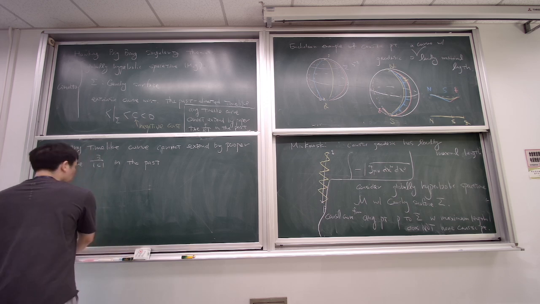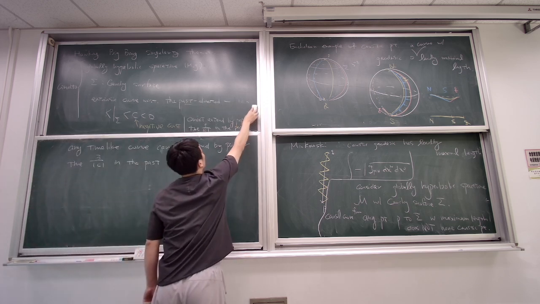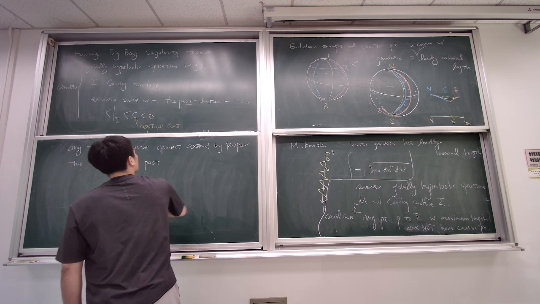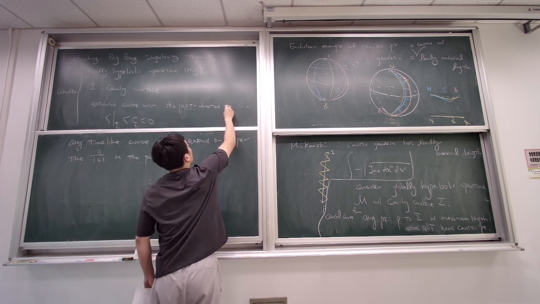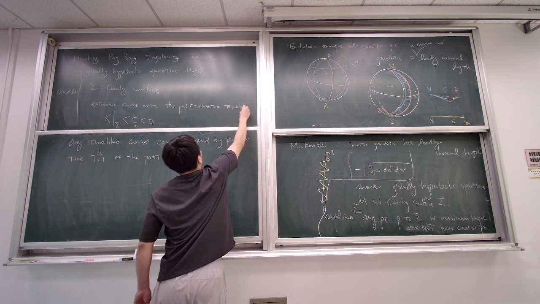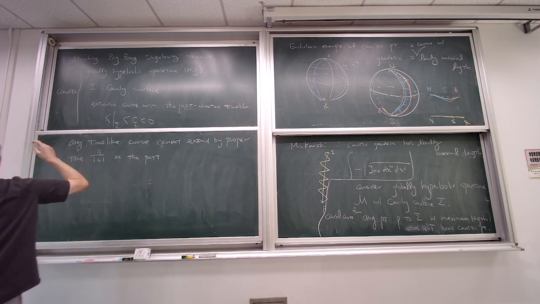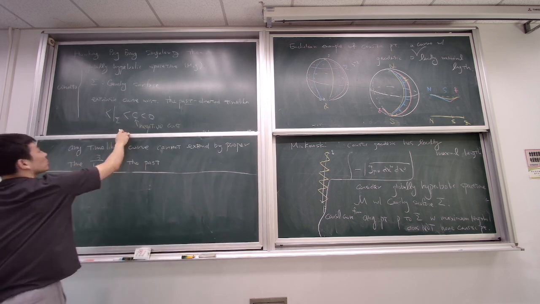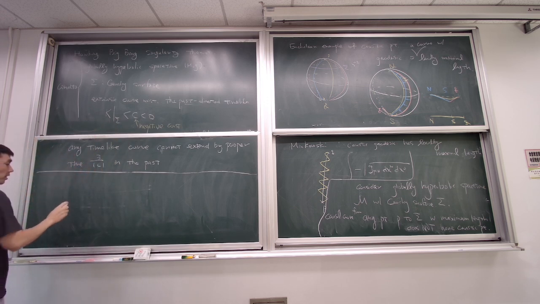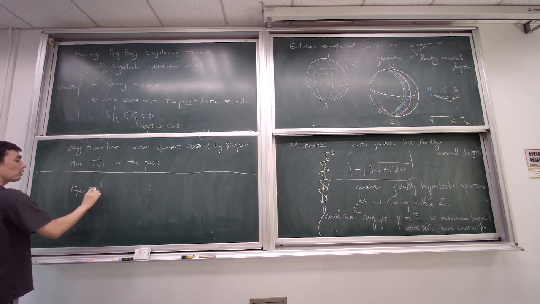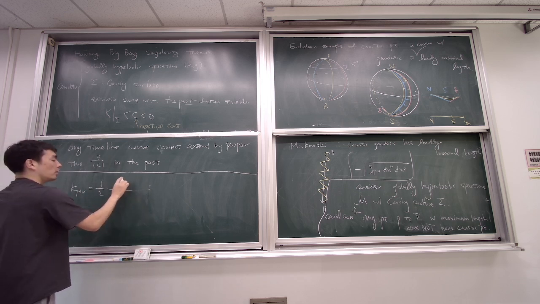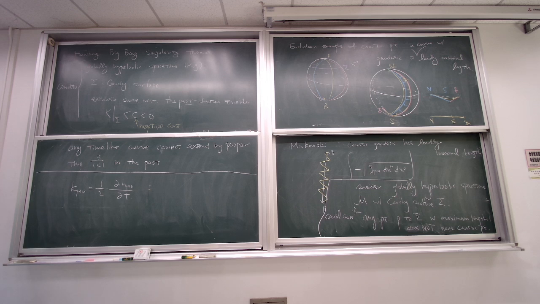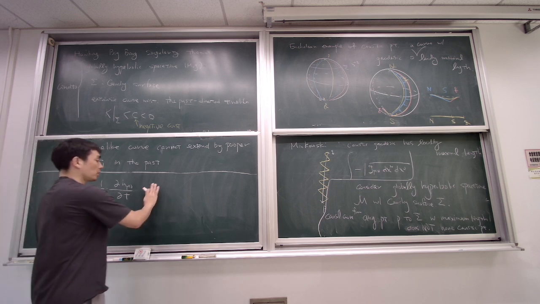Okay, let's examine the statement. What is the extrinsic curvature K with respect to the past directed curve? As I mentioned, K_{mu nu} can be defined as the derivative of h_{mu nu} with respect to T, where this is the extrinsic curvature on the hypersurface Sigma.